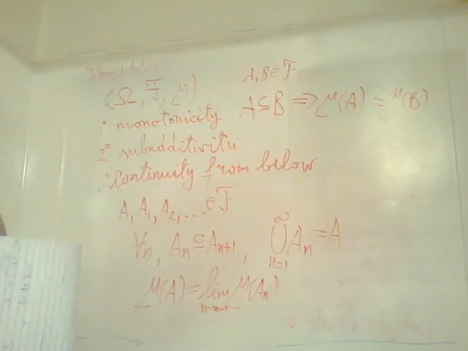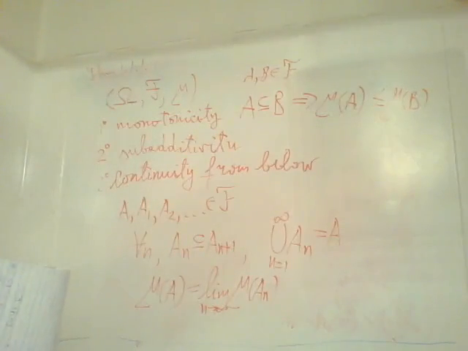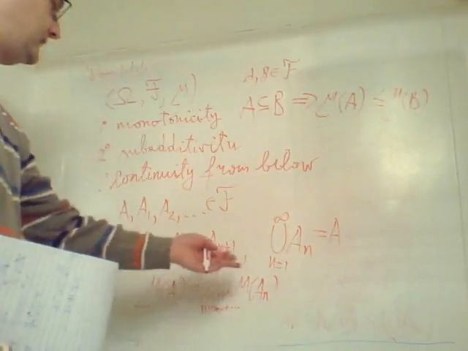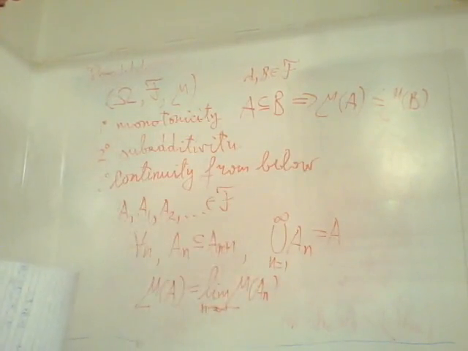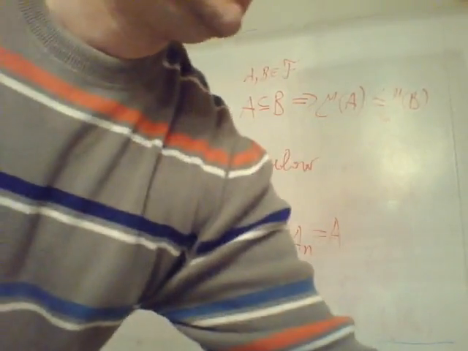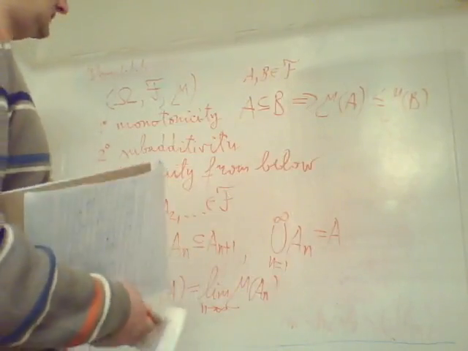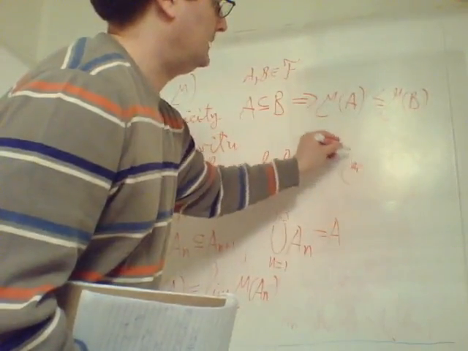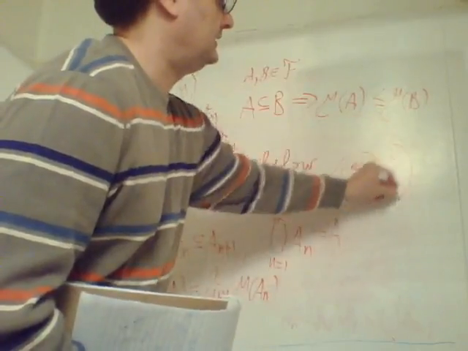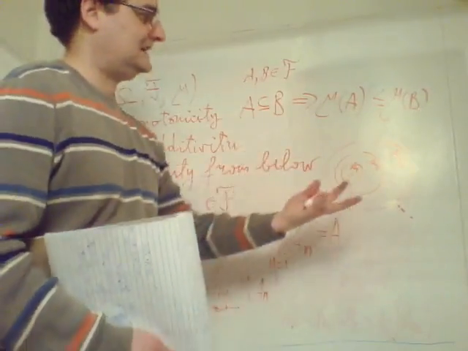So why is it called continuity from below? Well, first of all, why continuity? Because it looks like you pass the limit under the mu. Okay, but why from below? Well, the picture tells a thousand words. So if this is A1 and then A2 and then A3, and so on, you have an increasing sequence.